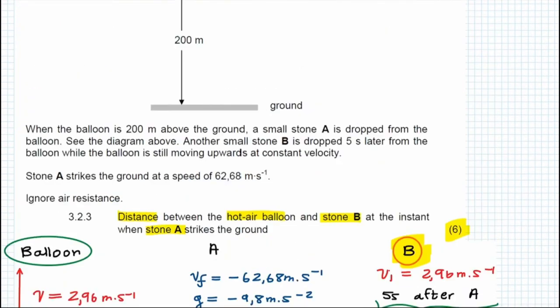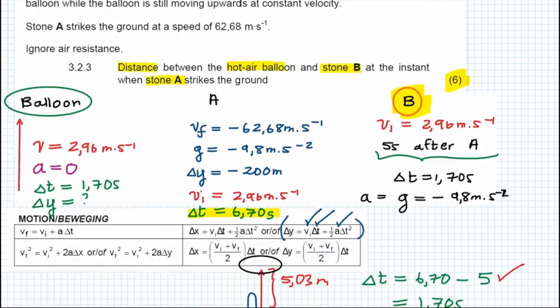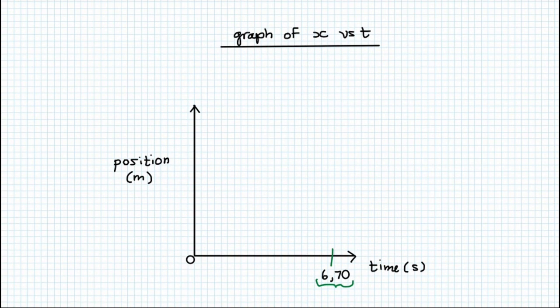I'd like to remind you that right at the beginning of this question, they gave us a sketch and information beneath that diagram. They said stone A starts off at 200 meters above the ground. So on this graph, we're going to start stone A and the hot air balloon at 200 meters above the ground.